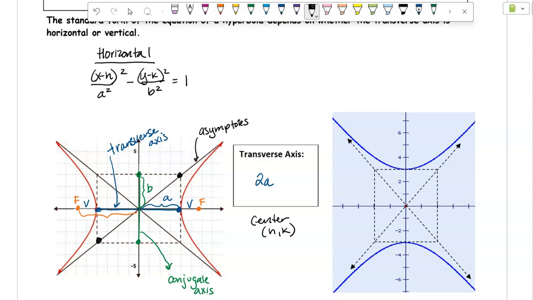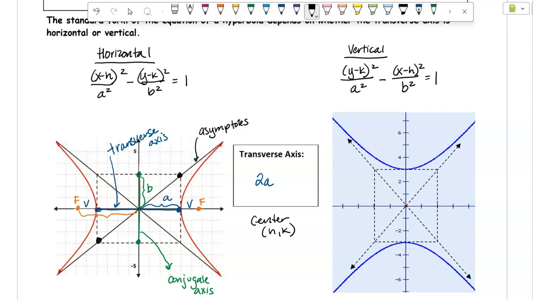The vertical hyperbola equation looks a little bit different, so I'm going to write it, and you can examine what is different about it. I keep saying ellipse, but I mean hyperbola. The vertical one is not going to start with x this time. It's going to start with y minus k squared over a squared, minus x minus h squared over b squared, equals 1.